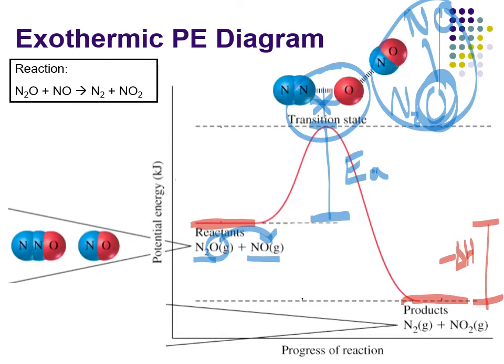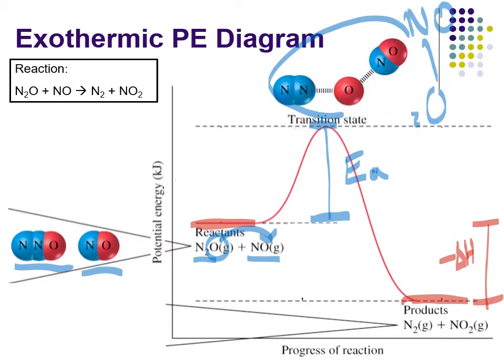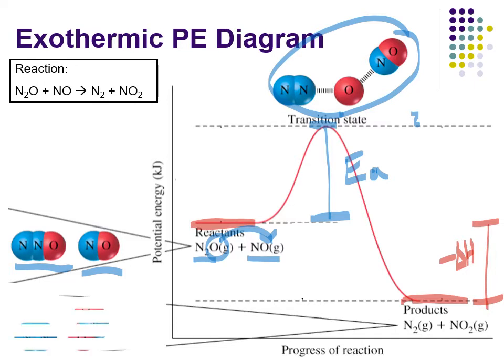So imagine something like that. So if we're starting with our N2O and our nitrogen monoxide, you'd get this weird looking complex here, which, there's a better picture than one I drew, which is not quite the reactants and not quite the products yet. It's this weird activated complex, the transition state, high in energy. And then eventually you get your products.